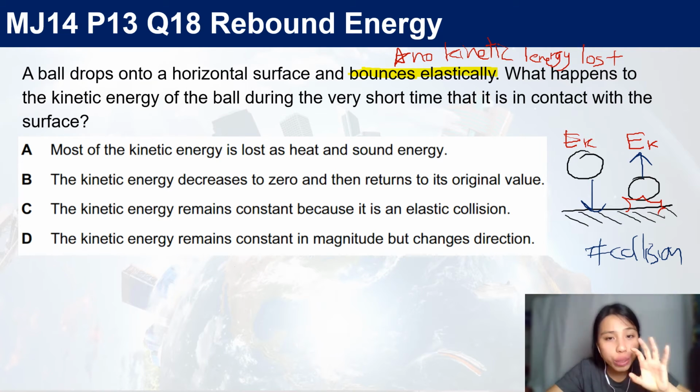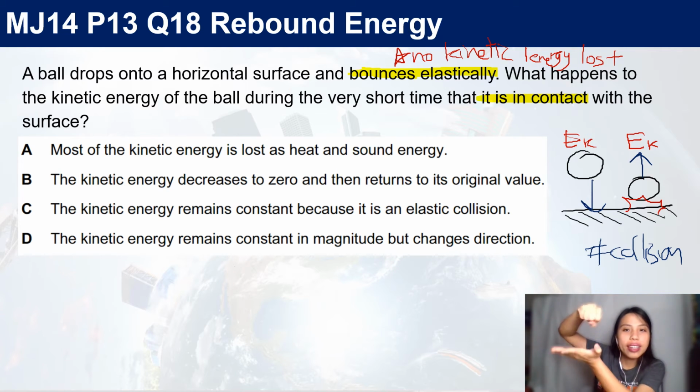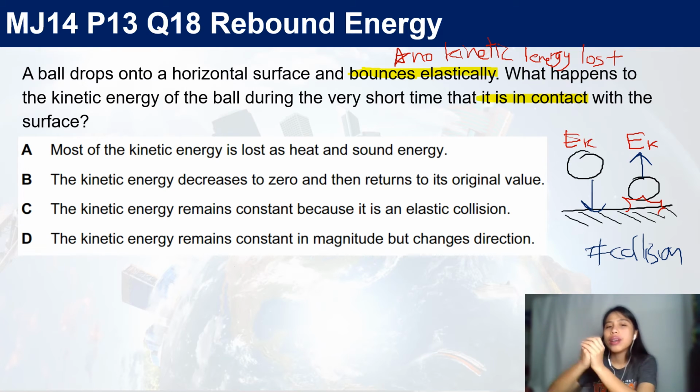They are asking very specifically what happens to the kinetic energy when it is in contact with the surface. Okay, so during the very short time means the collision time, the time of impact when it is hitting the surface. So when it's touching the table, what happens to the kinetic energy? Ooh, let's look and see.